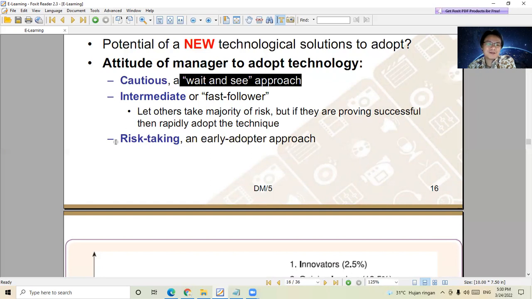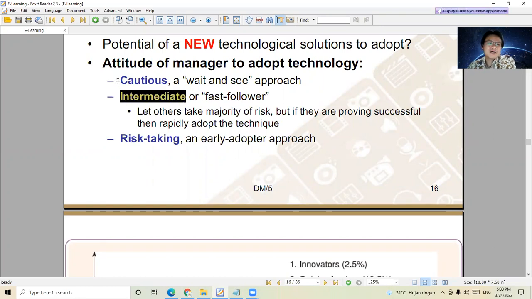Some people are risk takers. Some people are in the middle, meaning they are both cautious and risk taking. We can call it intermediate. Risk averse people, we call cautious. It's a wait and see approach.